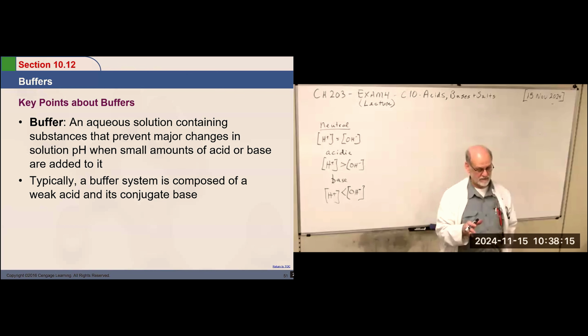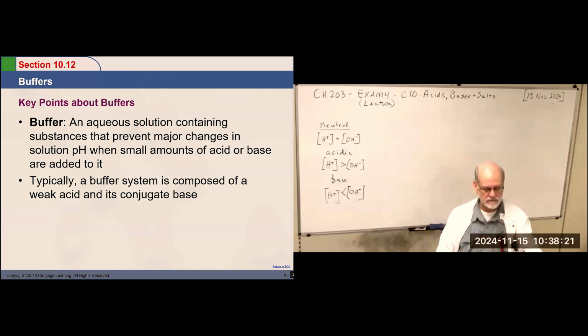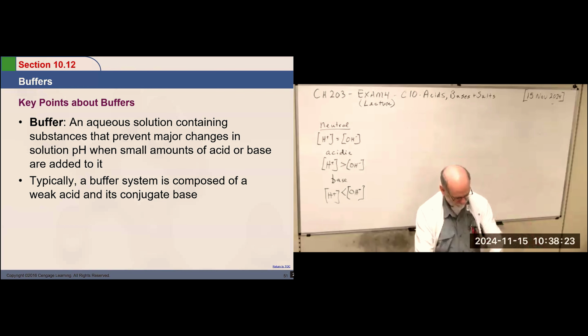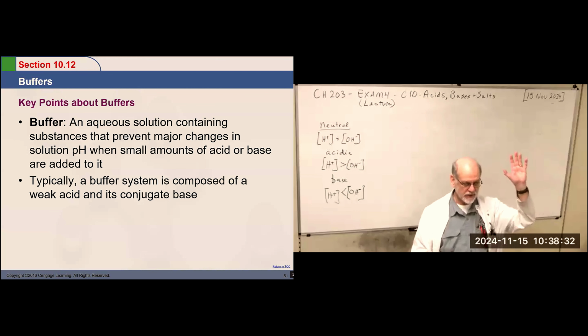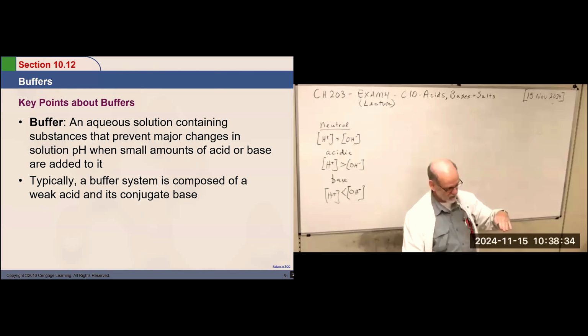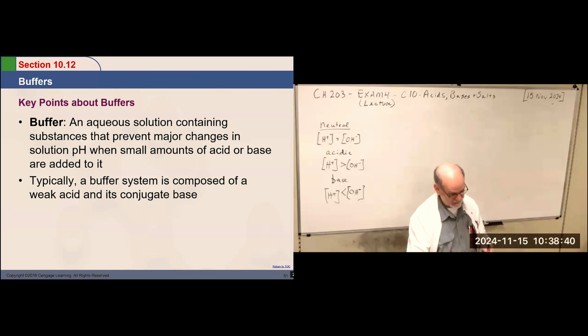It'll change a little bit, but not much. As opposed to what? If you put acid into pure water, that pH goes down in a hurry. Or if you put a strong base in water, pH goes up. But if you do that to a buffer, it may go like this or like that. And there's a chemical reason for that.